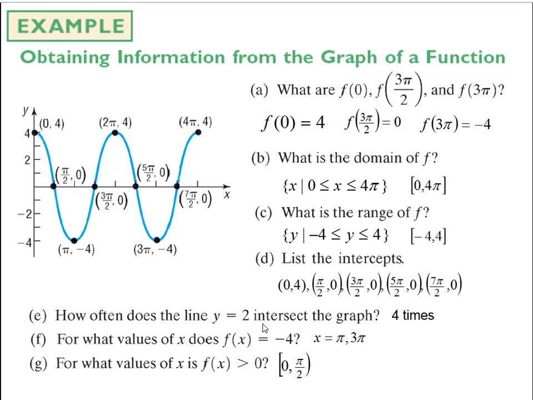And I want to point out, I'm going to use a bracket here to include x equals 0, because at x equals 0, the y is positive. That satisfies this inequality. But I'm going to put a parenthesis here, because at pi over 2, the y is equal to 0, and that doesn't satisfy this inequality. This inequality wants it to be strictly greater than. So this first interval has a bracket and then a parenthesis because I'm not including that endpoint.